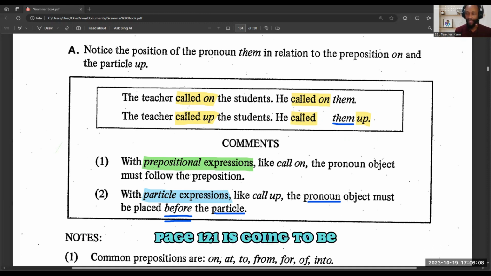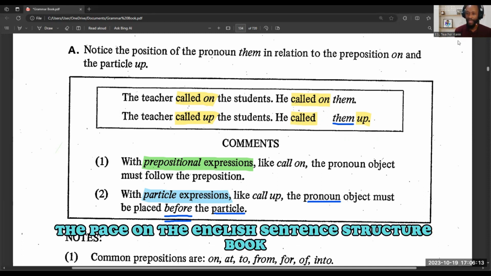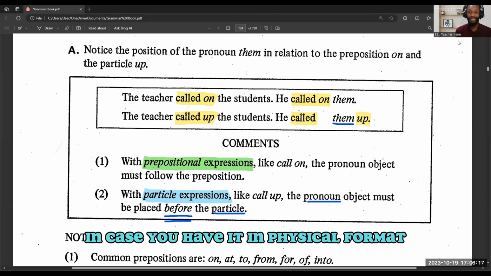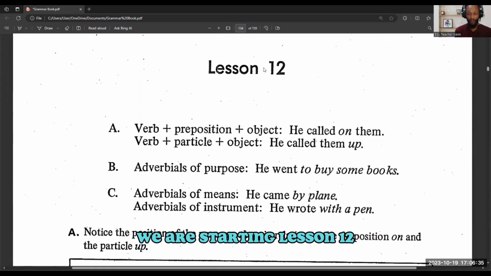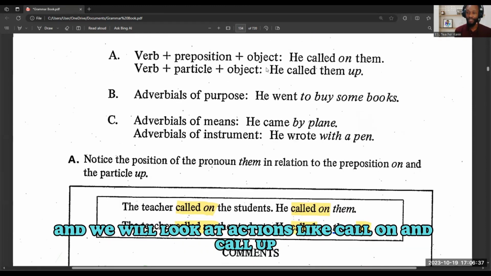If you are using my PDF, which is available for free also in the podcast, you can go to page 134.